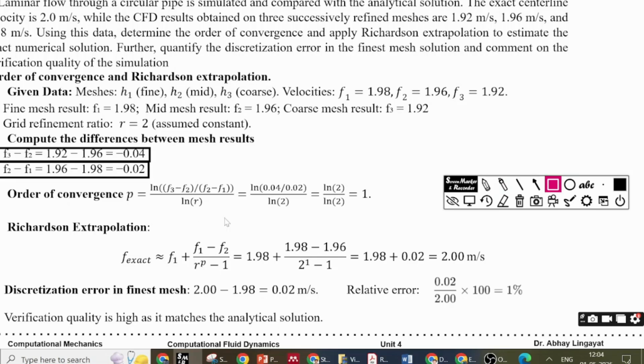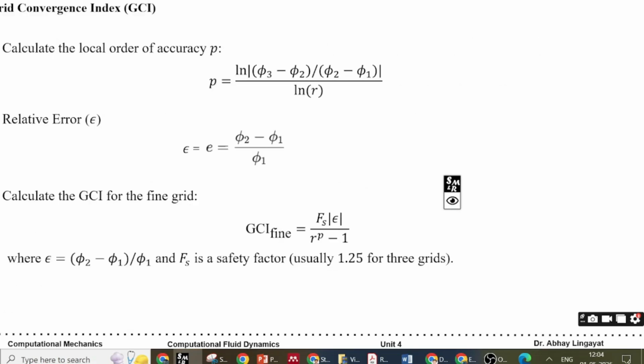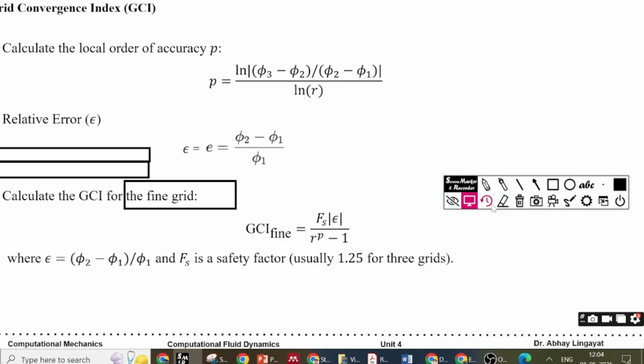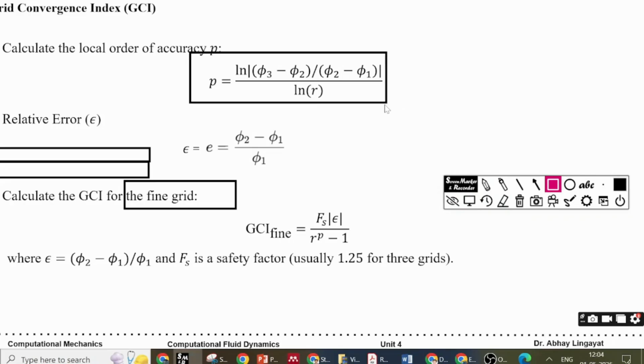So how do we calculate p now, which is the order of convergence? So p is equal to ln of (F3 minus F2) divided by (F2 minus F1), divided by ln of r, right? So in the discussion of the previous PPT, we have taken this as ln of (phi3 minus phi2) divided by (phi2 minus phi1), divided by ln r.